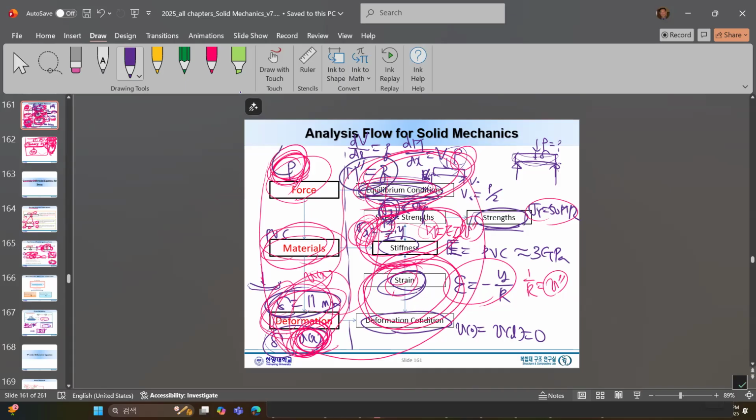See, Q is the external force, and the moment is here. If we consider this one, we don't have to consider equilibrium. This is the equilibrium.